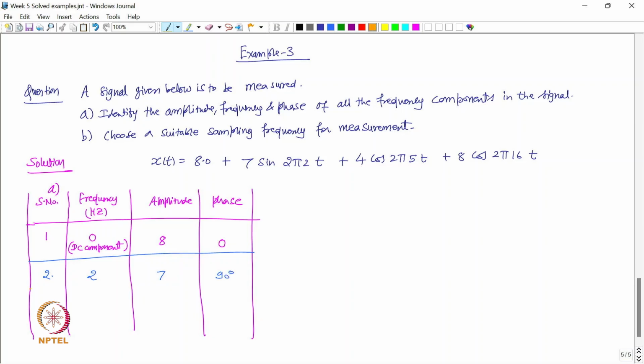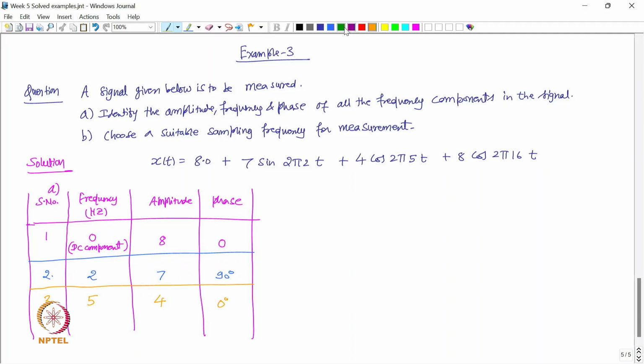Then the third component is 4 cos 2 pi 5 t. So, 5 is the frequency of this component, the amplitude is 4, correct, and it is a cosine wave. So, its phase is 0 degrees. Okay.